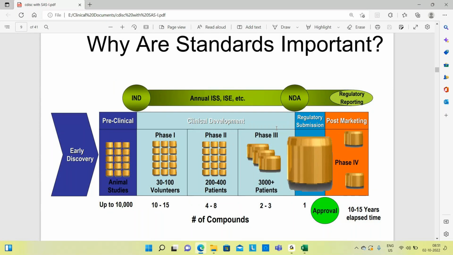Now I want everyone to go through this picture. So what does IND stand for?